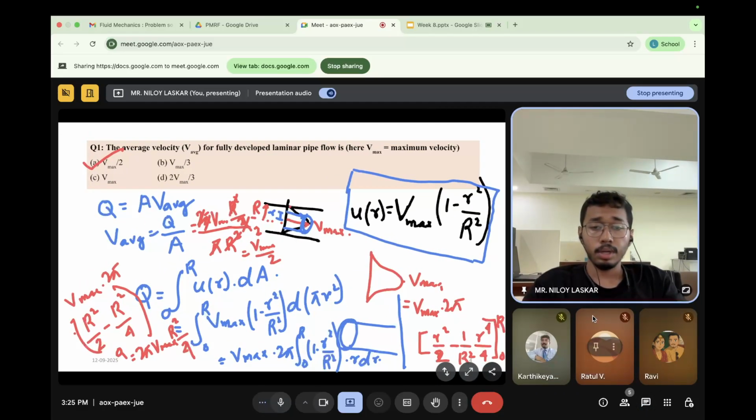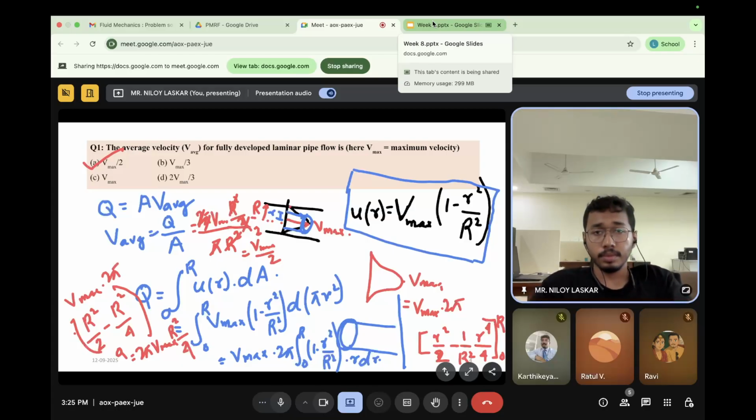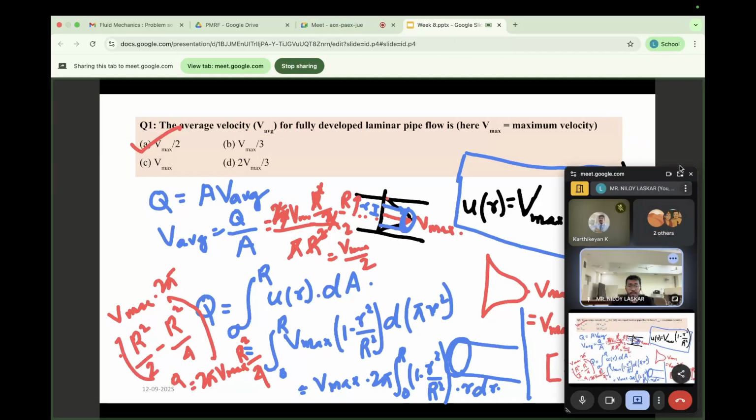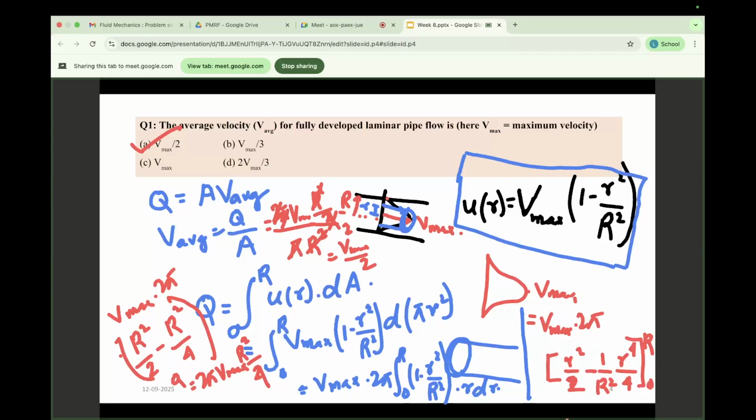Yes, everyone has answered it correctly. But this fundamental concept you need to know. Another important thing is the double integration term, which you have studied in maths in engineering first year.